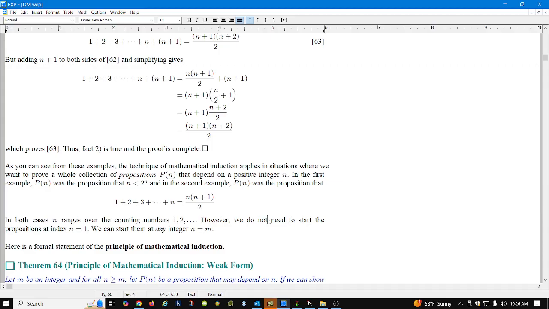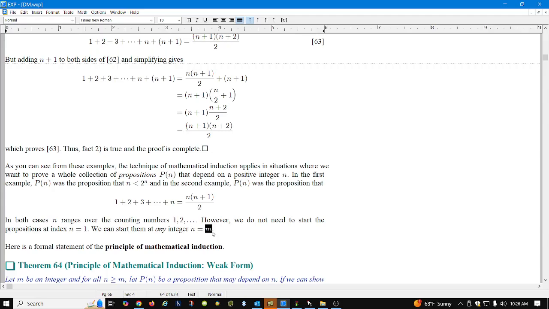The way to think about induction is, the reason it works is because we know that one proposition is true. In this case, if m is the first index, it would be P of m. Then we show that if any one of the propositions is true, so is the next one.